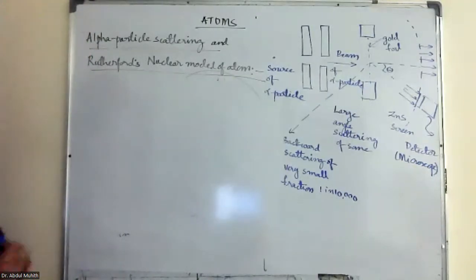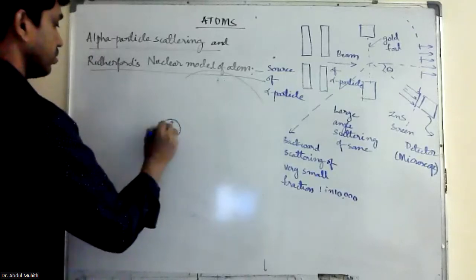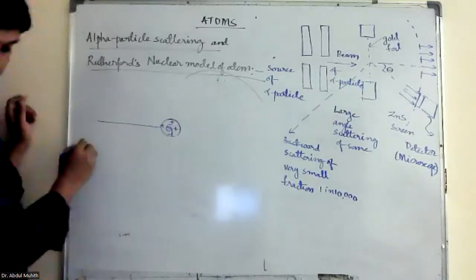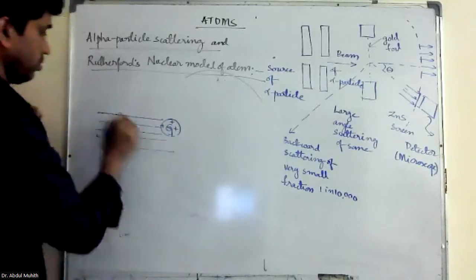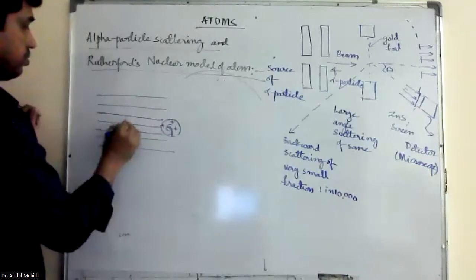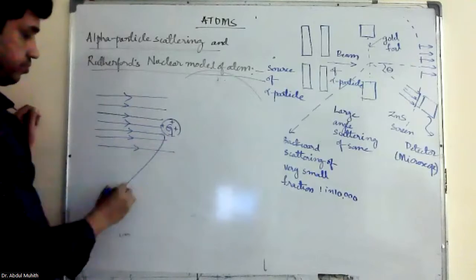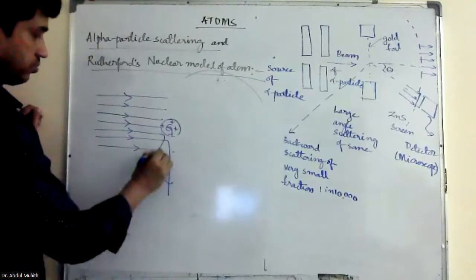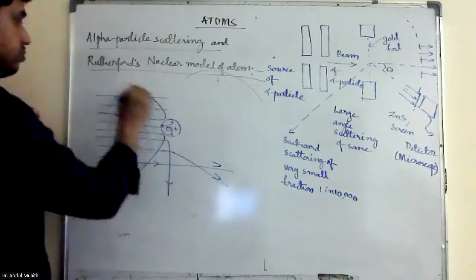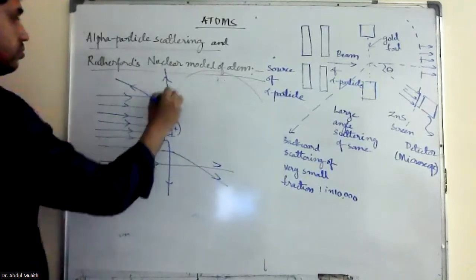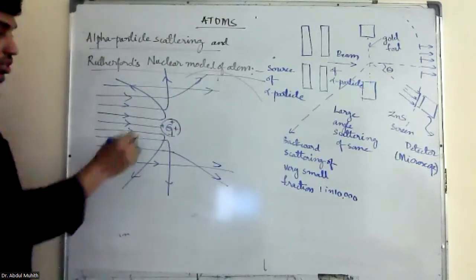Okay, I'll draw one more figure here. The gold foil is like this. See, the closer the particle, the more the deviation.